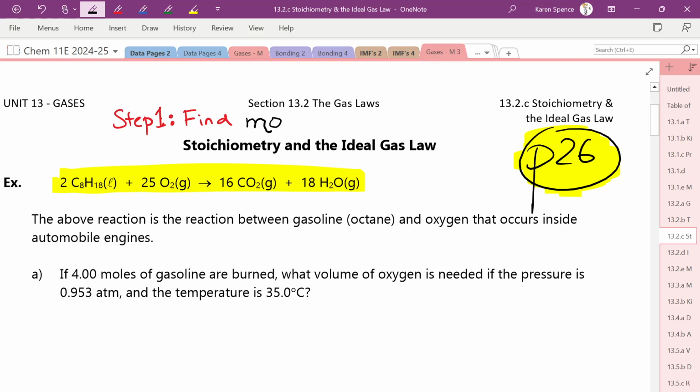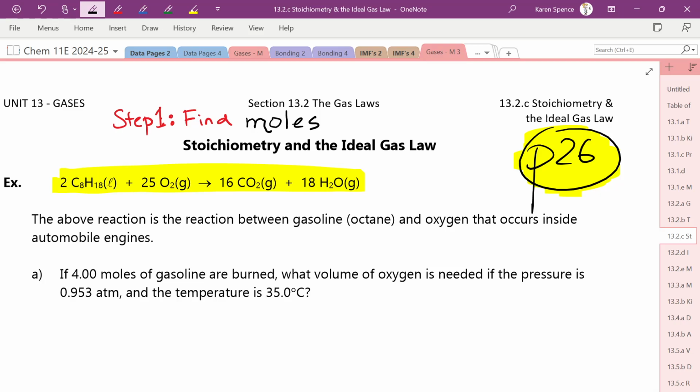Well, molar mass, maybe. Find the moles. Find the moles. Step one, find the moles.